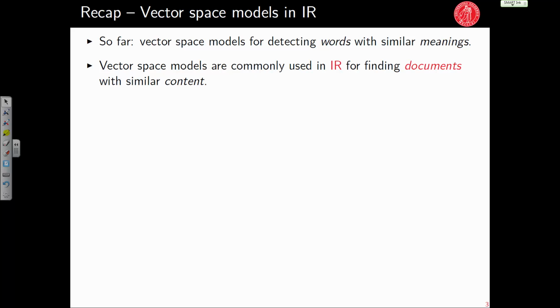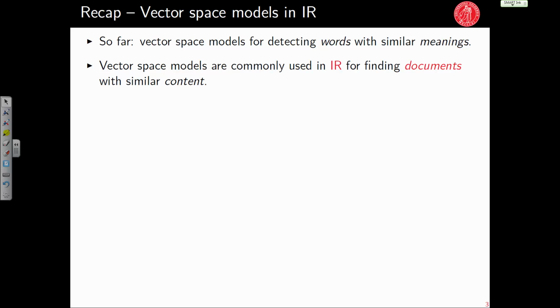I'm going to present how we work with vector space models in IR for two reasons. One is because the readings you're doing now are from an IR book, and two, because it might help you understand more if you look at the problem from a different angle.